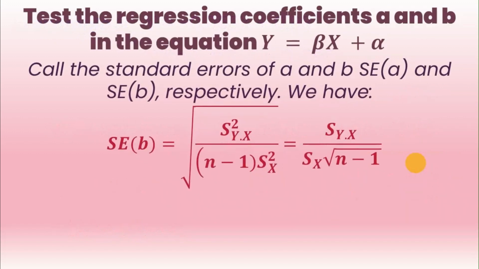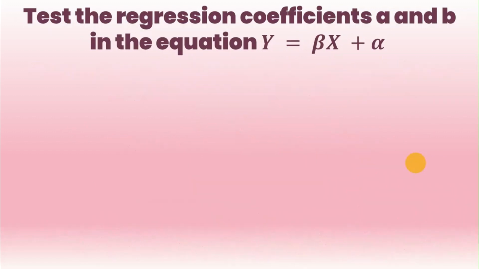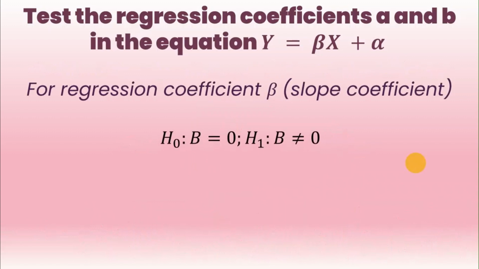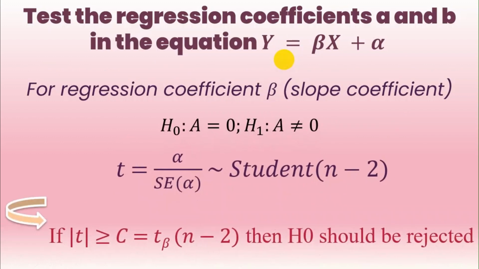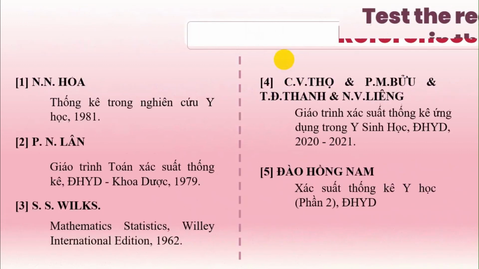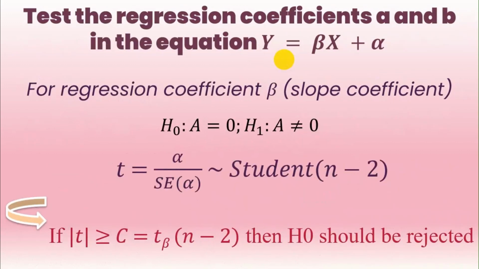Test the regression coefficients a and b in the equation y equal beta x plus alpha. The standard errors of a and b are SE alpha and SE beta respectively. We have the formula. For the regression coefficient beta, the slope coefficient: H0 is beta equals 0 and H1 is beta different from 0.